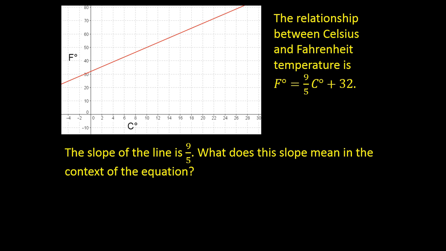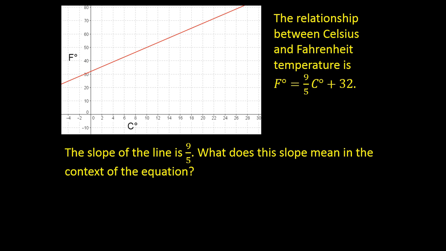Well, if you keep in mind that slope is a change in y over the change in x, it's a rise over a run. And you think about what the variables are representing here. Instead of saying y, we're calling that Fahrenheit, and instead of saying x, we're calling that Celsius.